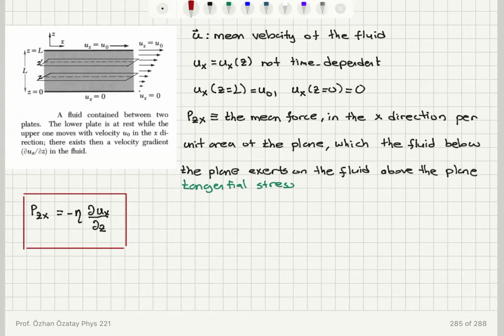So this is a first order approximation, and we see that this coefficient eta is called the coefficient of viscosity.